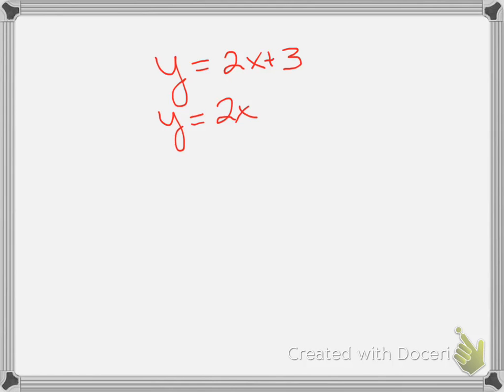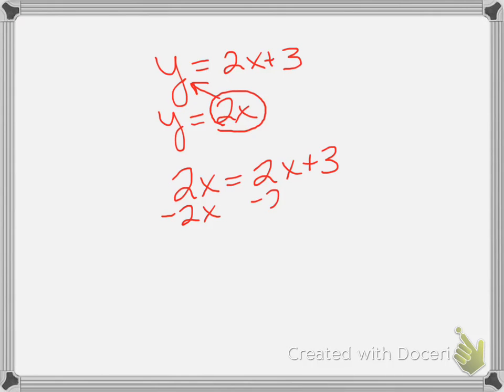I would substitute this in for y, and then it would be 2x equals 2x plus 3. I would bring my x's together to solve, so I'd subtract 2x from both sides, but that makes the variables fall out.